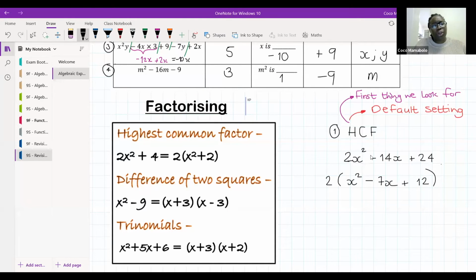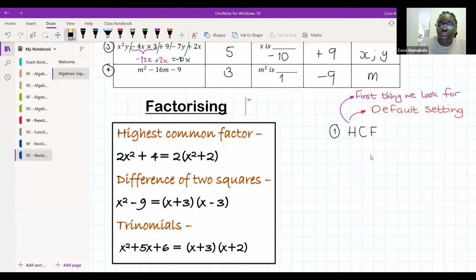And as soon as we took out the common factor, everybody was like, oh, yeah, ma'am, okay, I see it. Yes. Good. So we can always start with checking if there's a highest common factor. Okay, so I'm going to ask you guys in the chat.